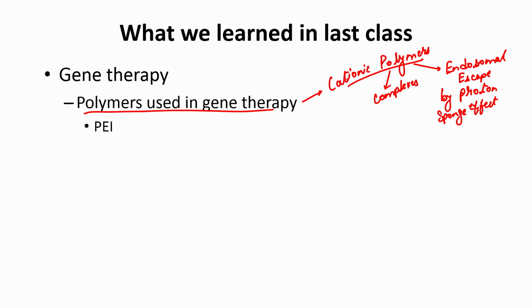Among these we discussed a few specific ones. One is PEI, which is polyethylenimine, and what we found is that it is extremely efficient compared to all other polymers. However, there are issues such as toxicity associated with it, so you want to make sure that if you are using this, you are using it at the right concentration and right amount.